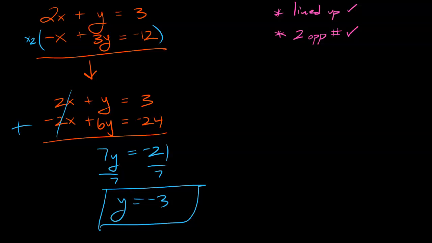How do I find the second one? Do you want me to help you a little bit? Okay. So to find the second answer, we can pick any one of these four. Which one do you think looks the easiest? Yep.